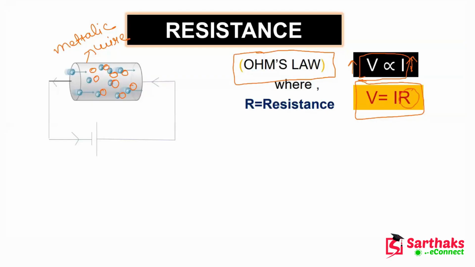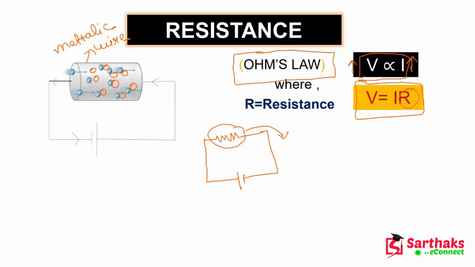It also depends on the resistance, because let's suppose this is a battery and this is a resistance. You connected a resistance here. This is the symbol of resistance. It is like a speed breaker, because it is decreasing the speed of current, like up down.